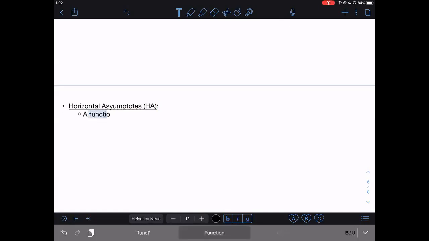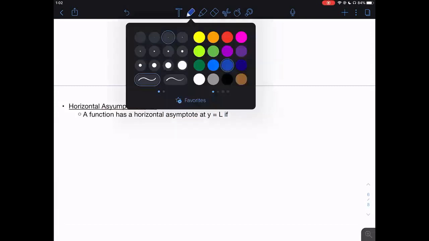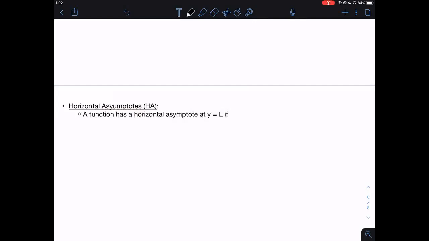A function has a horizontal asymptote at y equals L if the following is true: if the limit as x goes to infinity of our function equals that value of L, or the limit as x goes to negative infinity of our function equals L.